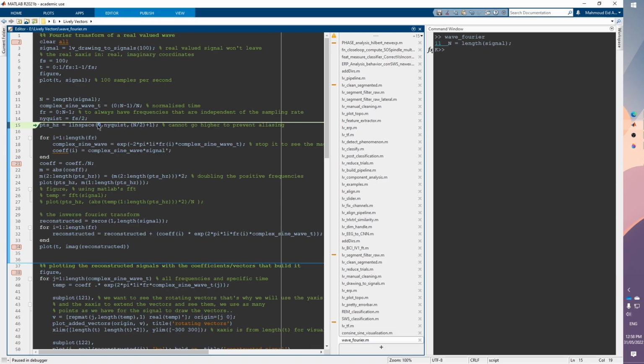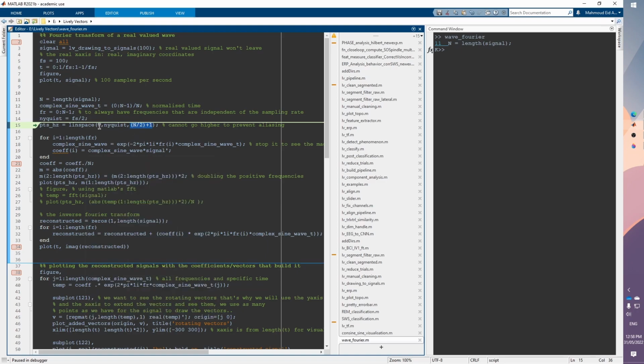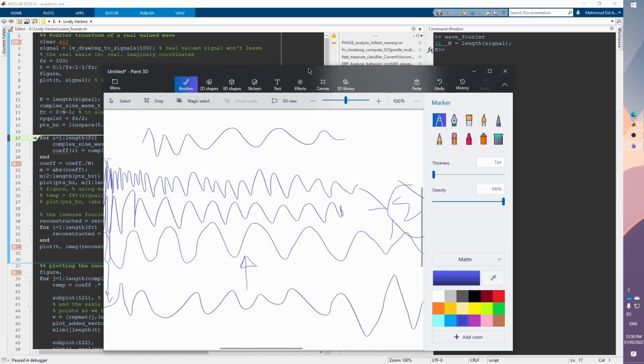And here I am extending from 0 until Nyquist, and I have number of points equal to the length of the signal divided by 2, because we are going from 0 to half the sampling rate, and I am putting +1 because we have 0 frequency, so we have this DC component, so we have one more value on our hertz axis. So let's go to this one and see what this is and what aliasing is.